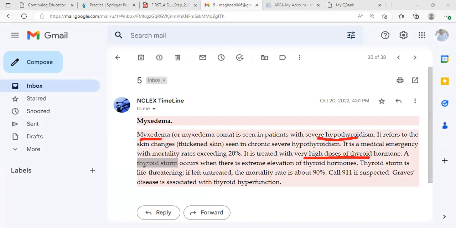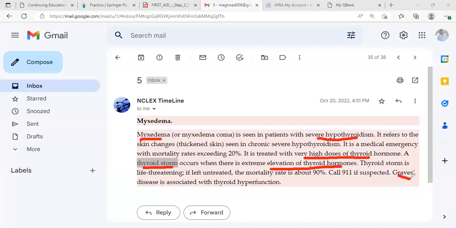But thyroid storm occurs when there is an extreme elevation of thyroid hormone, hyperthyroidism. Thyroid storm is life-threatening if it is untreated. The mortality rate is about 90%. It is an emergency, so call 911 if suspected.